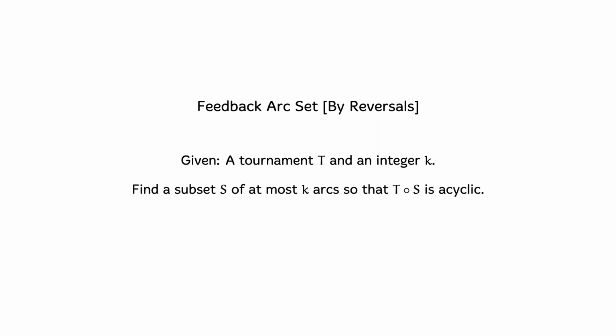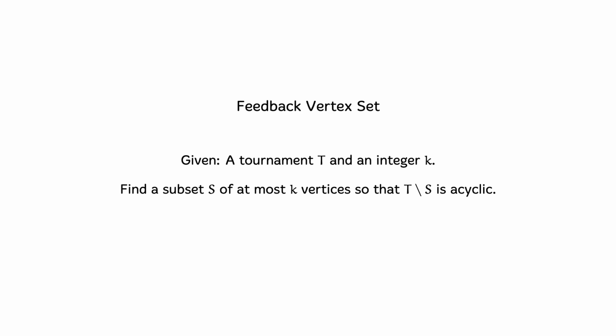So if you reverse an arc in a tournament, the resulting graph is still a tournament, and you can take advantage of the tournament structure in any way that you want. On the other hand, when you delete arcs, this is no longer true, and it may be a little bit difficult to apply even an idea like branching on triangles, for instance, which worked out pretty well when we were dealing with the feedback vertex set version.